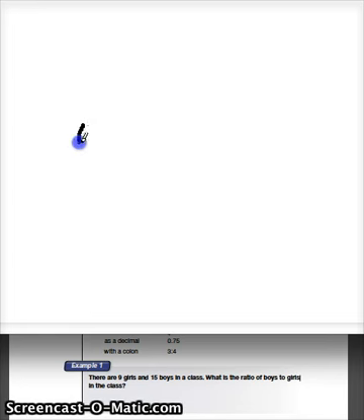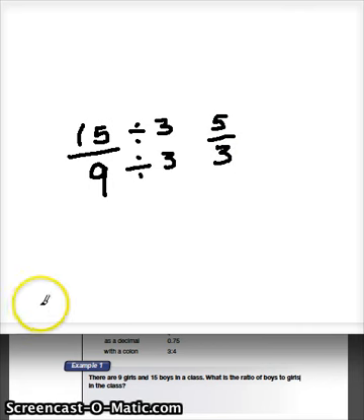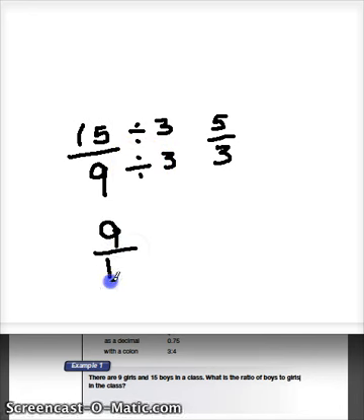What's the ratio of boys to girls? We look at the boys first, so that would be 15 over, and then how many girls? 9. So 15 to 9. Now let's reduce this. The number that goes into 15 and 9 is 3, so that becomes 5 to 3. That's boys to girls. If they had said girls to boys, it would have been 9 to 15.